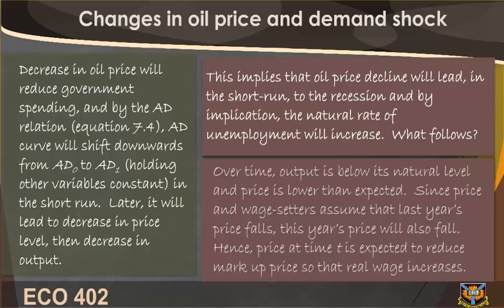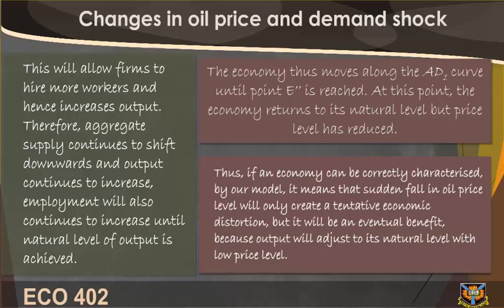Hence, price at time t is expected to reduce markup price so that real wage increases. This will allow firms to hire more workers and hence increase output. Therefore, aggregate supply continues to shift downwards and output continues to increase.